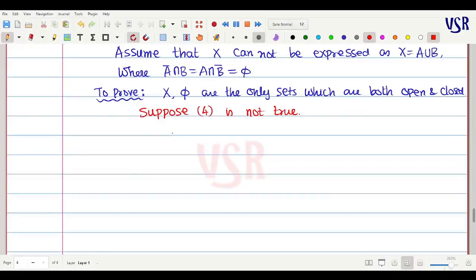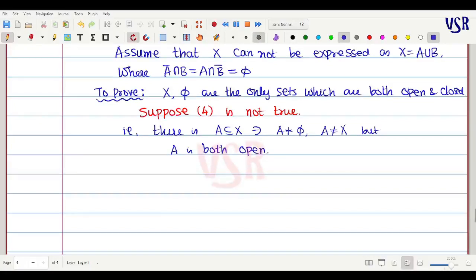That is, there is a subset A of X such that A is not equal to the empty set and A is not equal to the whole set, but capital A is both open and closed.